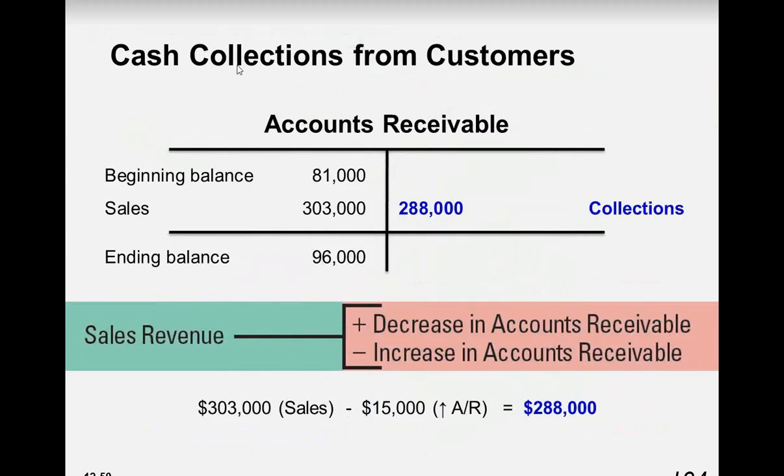So here with our collection of cash from customers, that would be our receipts from customers, right? This is where you would start with your sales revenue and you would add any decrease in accounts receivable or subtract an increase in accounts receivable, whichever it were. In this example, we had an increase in accounts receivable of $15,000, so we subtracted that from our sales, okay?